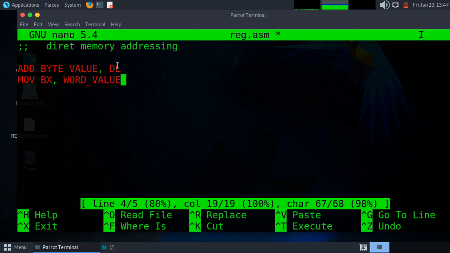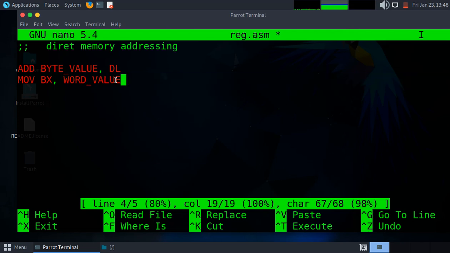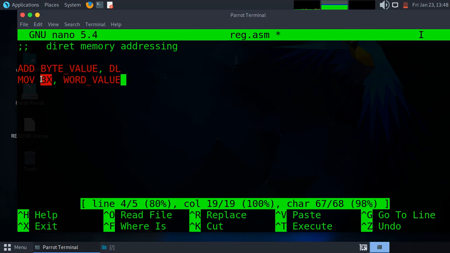So here we are moving our operand, the word value which is from the memory, and it is added in the register BX. In the next part we shall take a look at direct offset addressing.